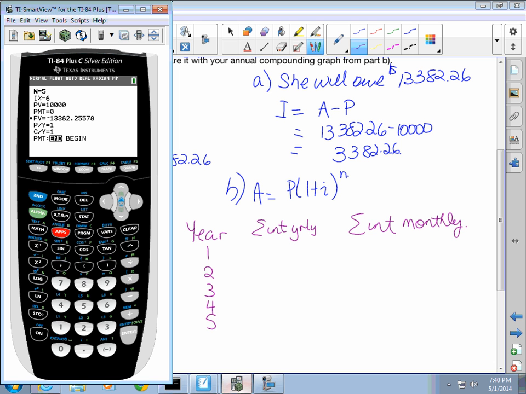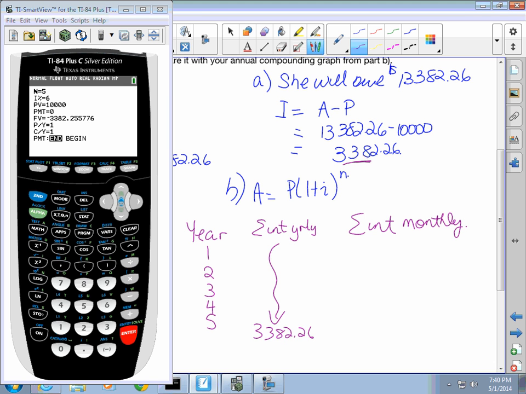Then I go back into my apps, do the finance, and I want the sum interest, which is the A, so if I go alpha and then A is math, it'll bring that up. I put in my interest from year 1 to the end of year 5, and it tells me that at the end of the 5 years you pay $3,382.26, which is what we calculated there.